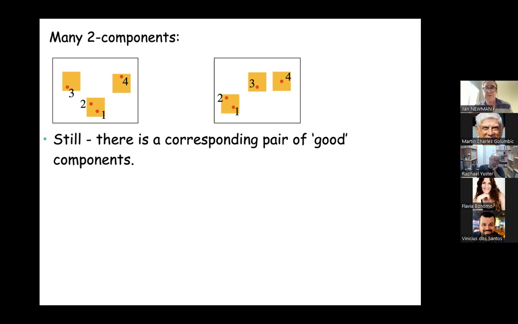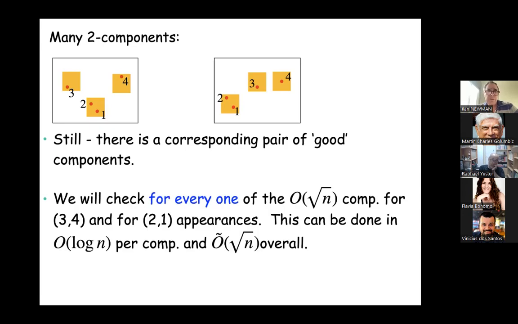So there is such a pair. So what we find ourselves needing to do here is that instead of just sampling one component or a constant number of components as before, we are actually going to check, for every one of the square root of n components, for 3, 4 and 2, 1 appearances, for all of them, in parallel.